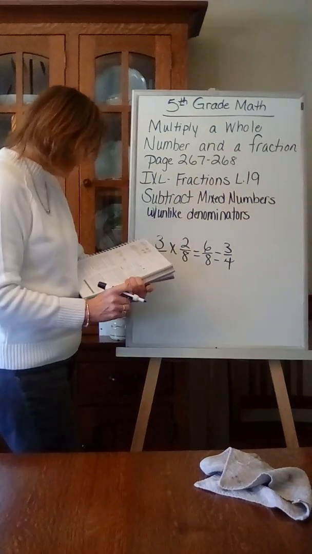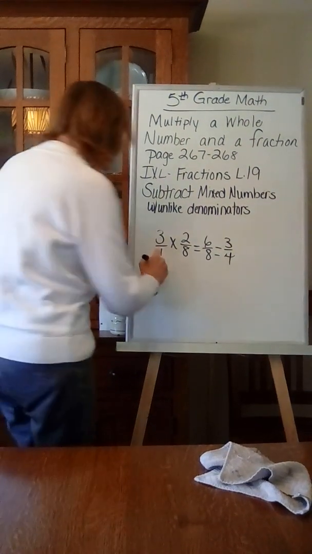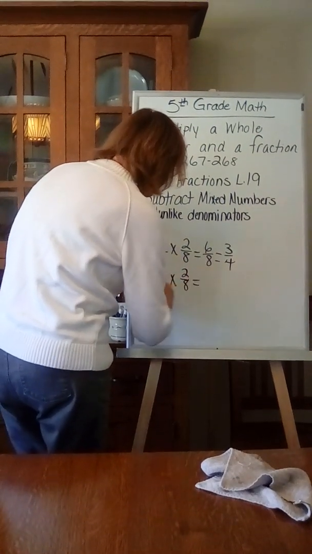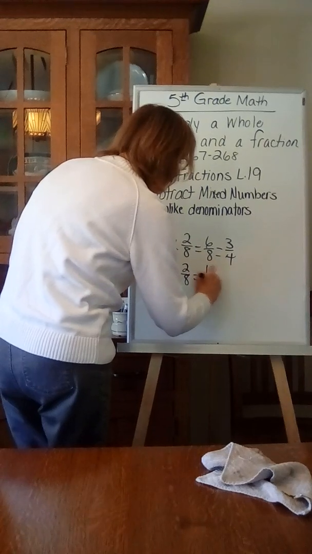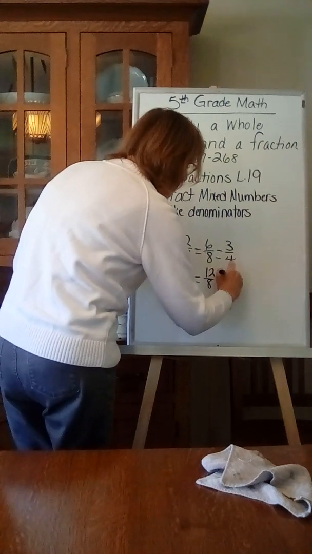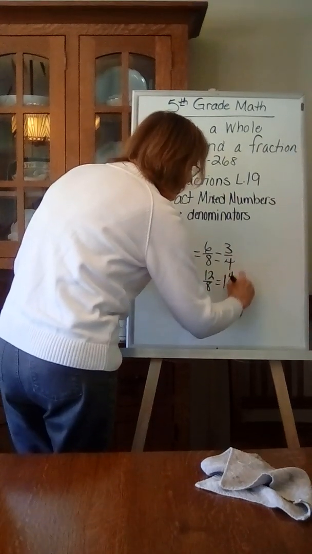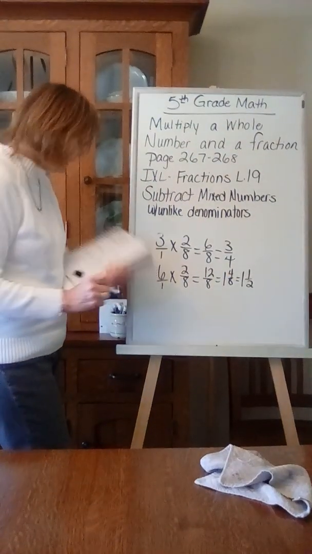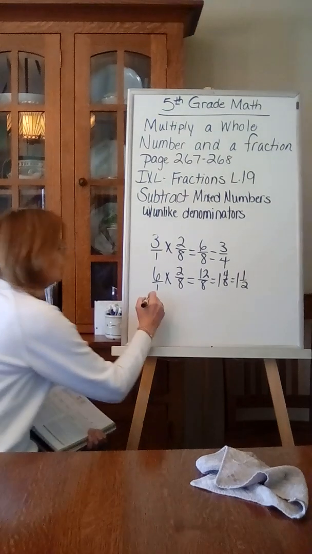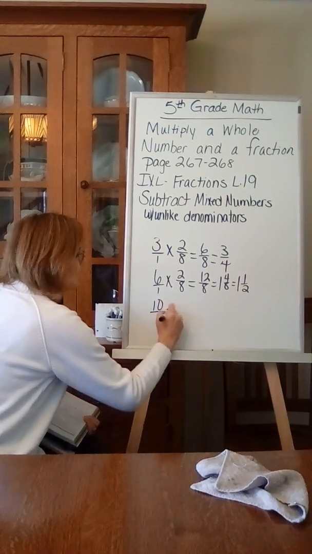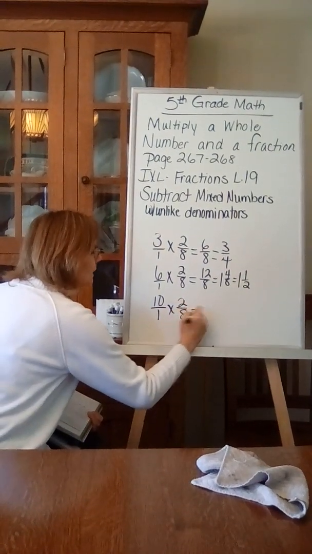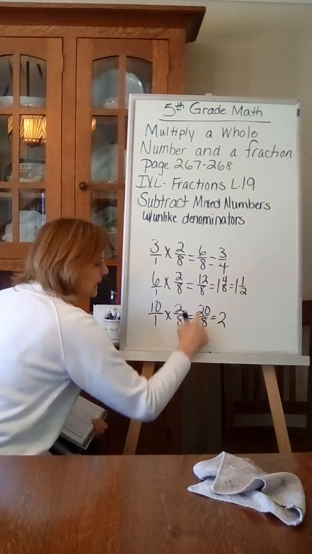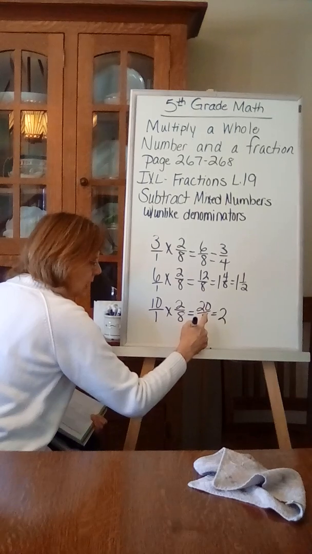All right. The next one says 6 times 2/8 is 12/8 equals 1 and 4/8 equals 1 and 1/2. The last one is 10 times 2/8 is 20 over 8. 8 can go into 20 2 times.